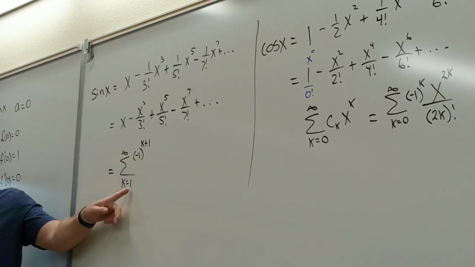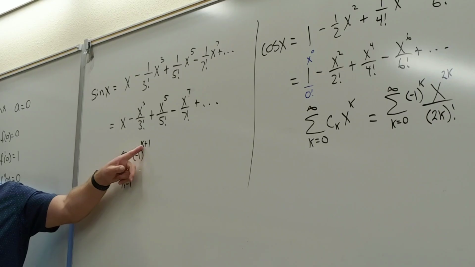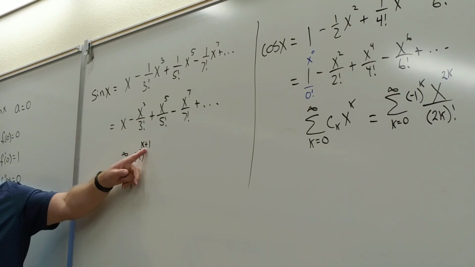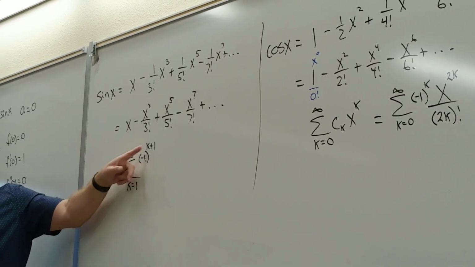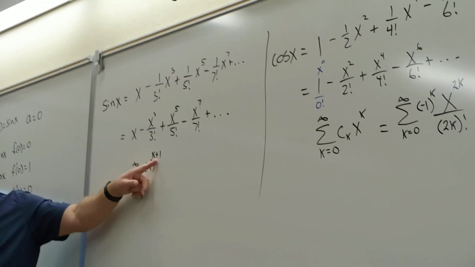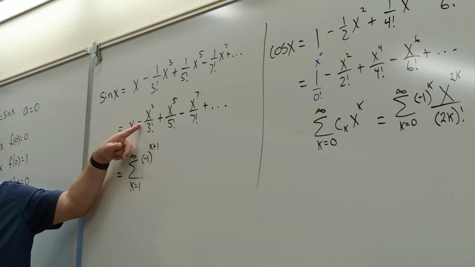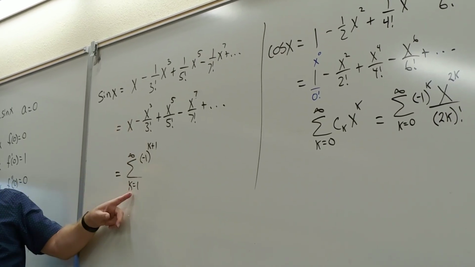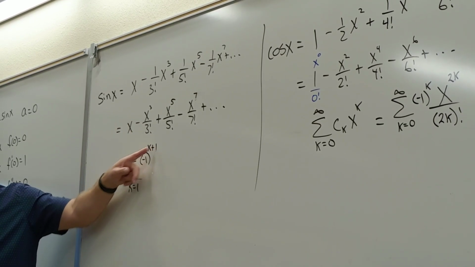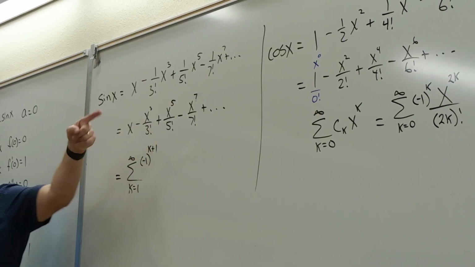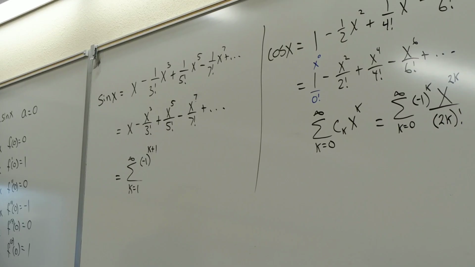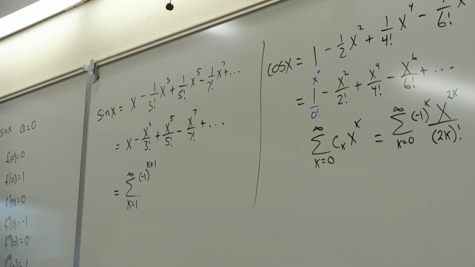So now, when we put in 1 for k, 1 plus 1 is 2, -1 squared will be positive. Put in 2 for k, 2 plus 1 is 3, -1 raised to an odd is negative. Put in 3 for k, 3 plus 1 is 4, -1 to an even is positive. See how it's going to work? All right.